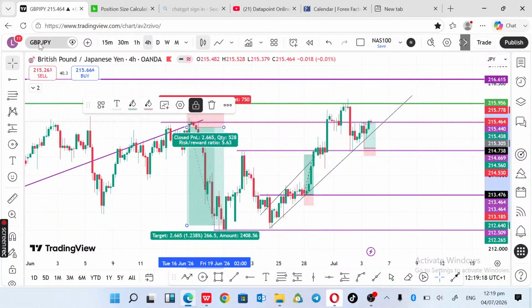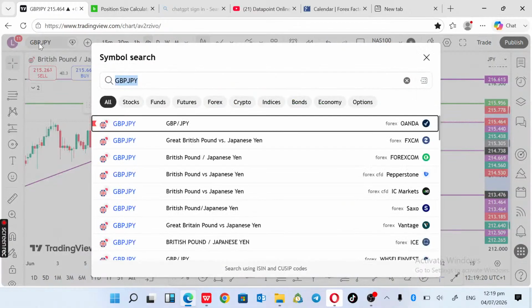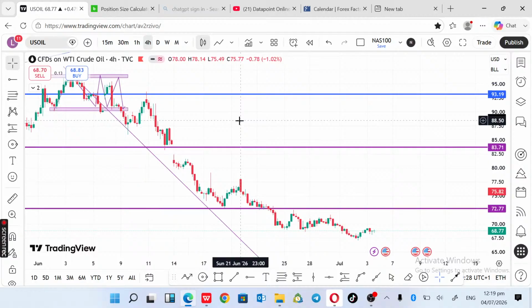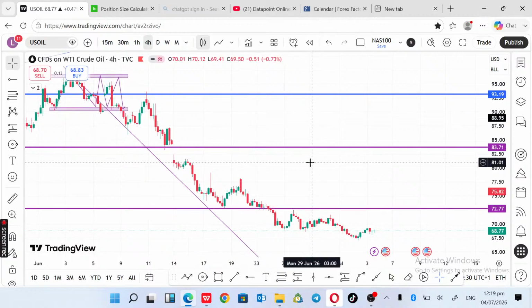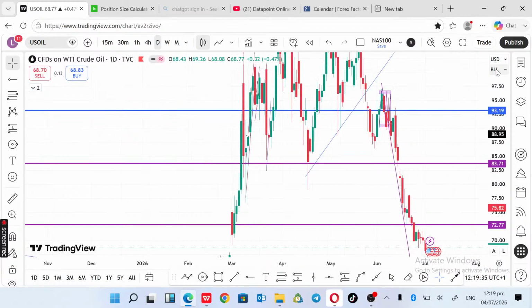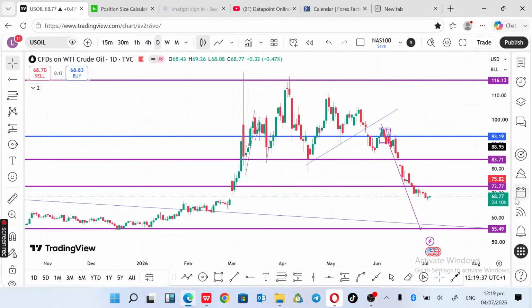Let's say this was my technical analysis on US oil. Let's go back to daily. When this market got to this zone, I would be expecting this market to continue to go up again, right? That is my expectation as a technical person.